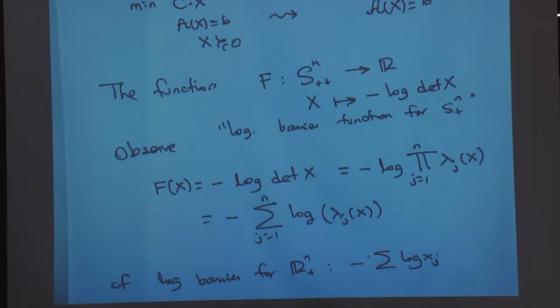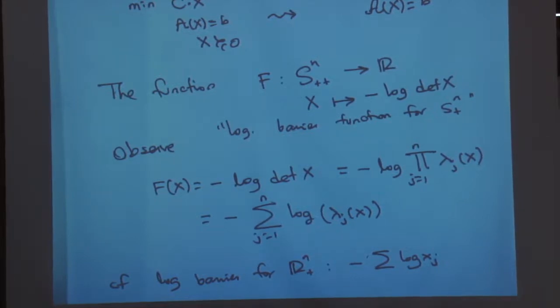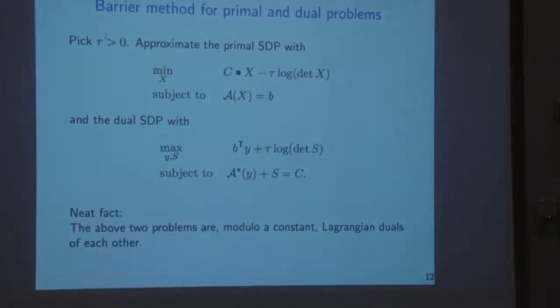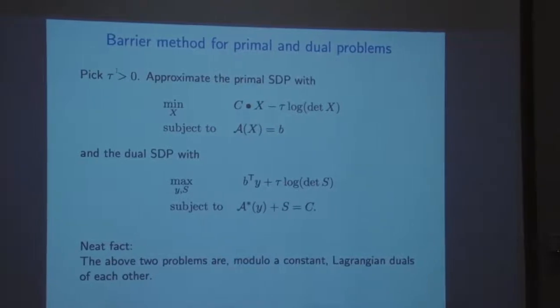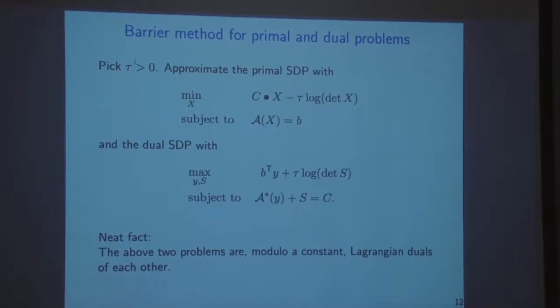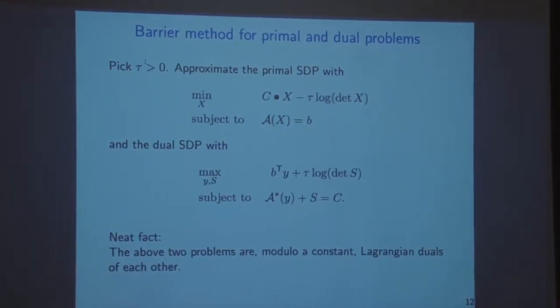Again, as we did last time, I'm not going to repeat that, but it's a very similar reasoning. The two problems are essentially Lagrangian dual of each other. So if you think about the barrier method for the dual problem, it would be the one that is at the bottom. So they both have this nice duality connection.